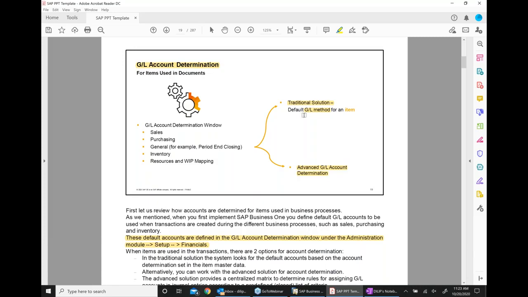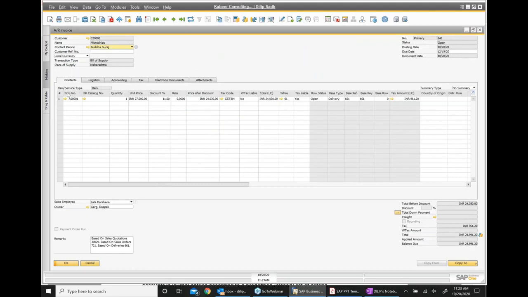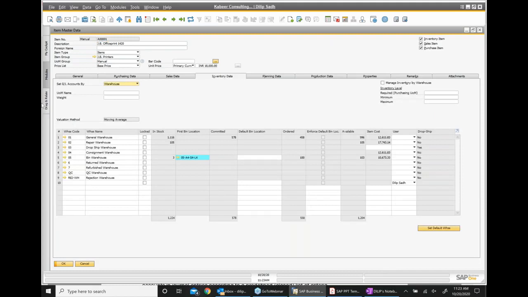The traditional solution is the default GL method in an item. That basically means in the item we have a GL method. Now where is it? We go to items, we close this, and this is my item A001. So I go to the A001 item, I go to inventory data, and here we have a set GL account by.